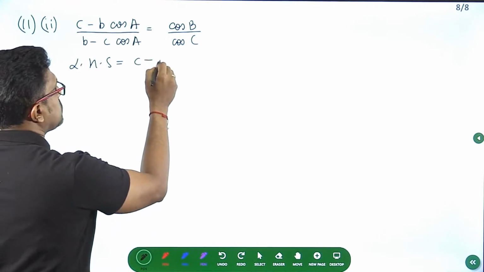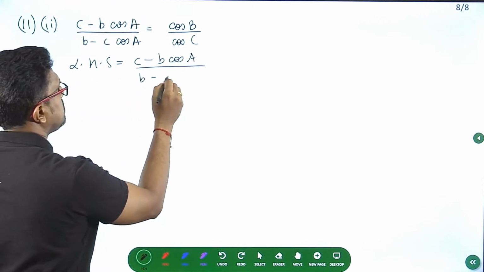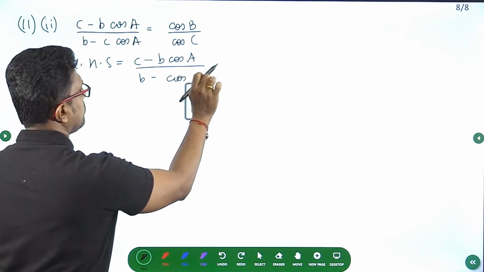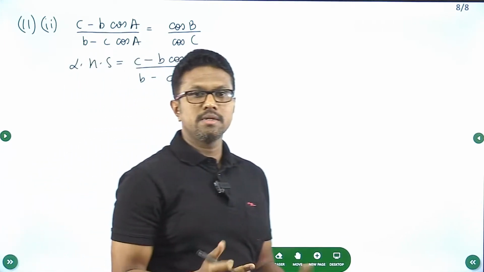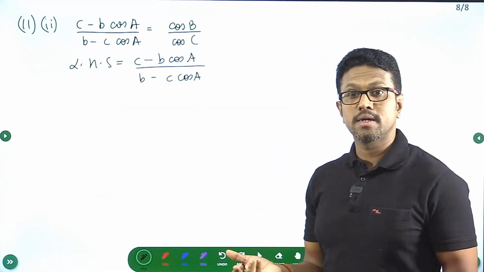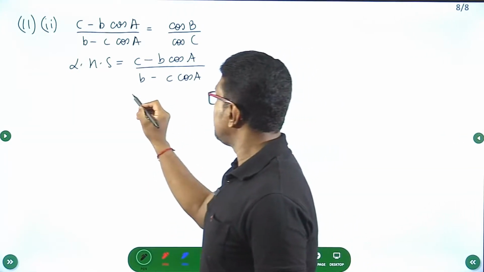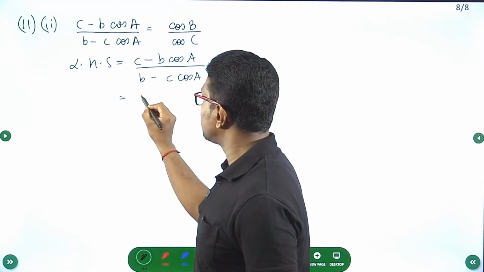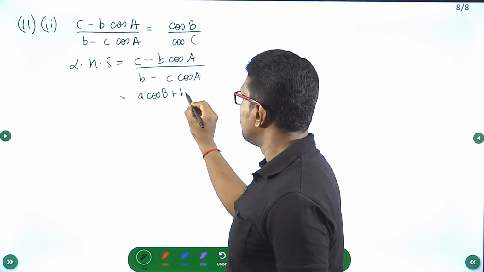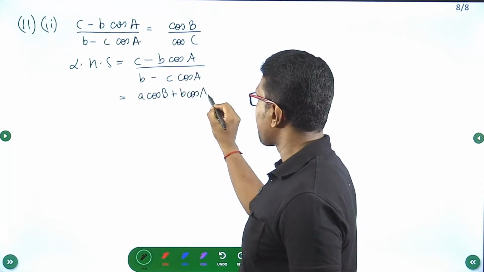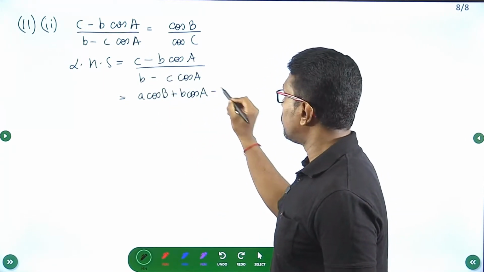So c minus b cos A upon b minus c cos A. So if you see b cos A, c cos A, ये सब तो projection rule में आ रहा था, correct? So I can use the formula for projection rule for c. मैं c का projection rule लिखता हूँ यहाँ पे. तो c के projection rule में क्या आएगा? a cos B plus b cos A. So this is the formula for c, minus what else was there?